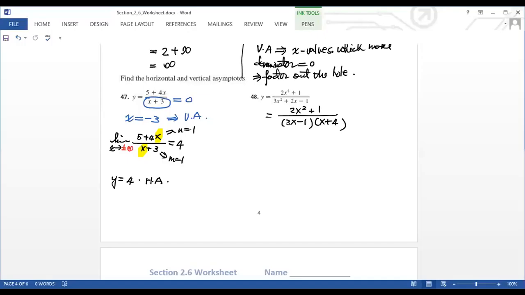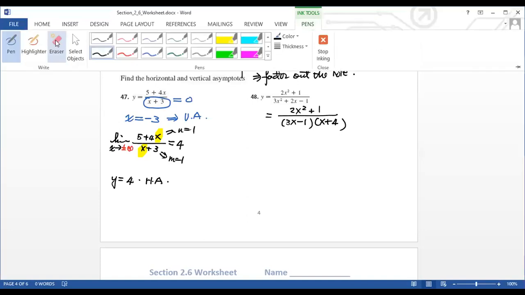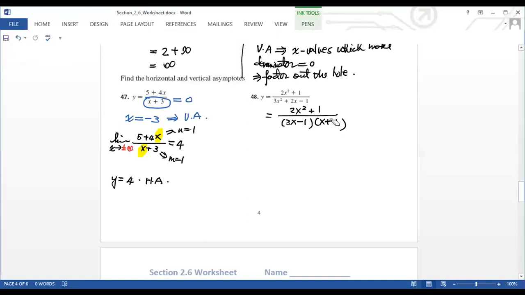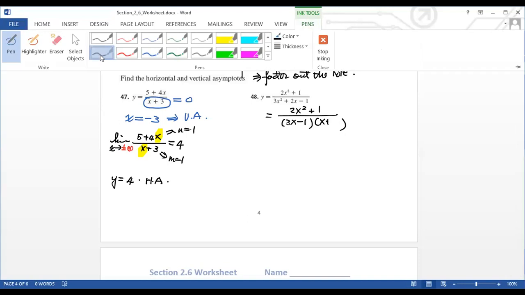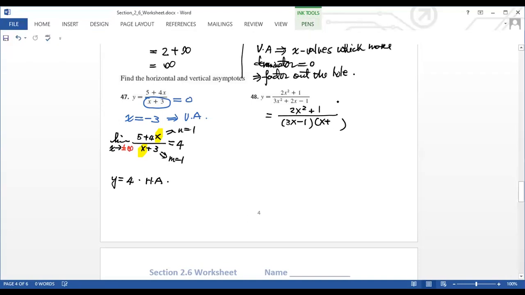Okay, I think I made a mistake in factoring. It's not plus 4, it's plus 1. That's right, this is x plus 1 here. As you can see, there's nothing I can factor.